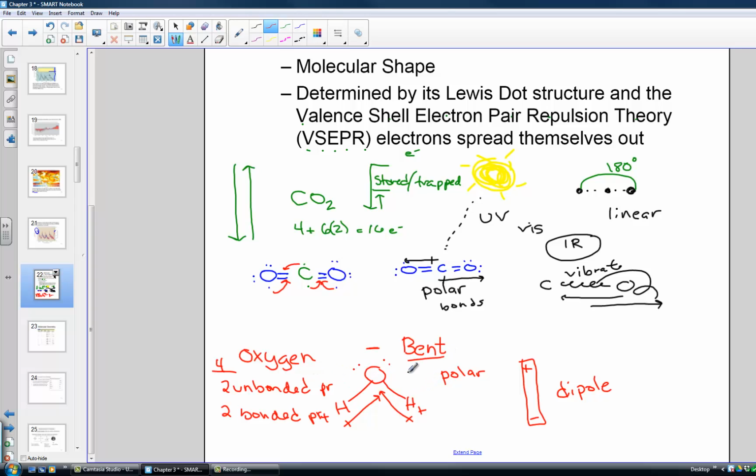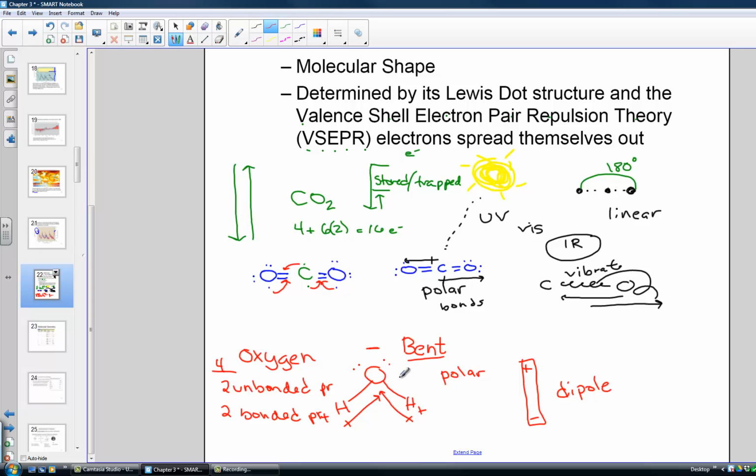It's not straight, like carbon dioxide. Let's take a look at why. Notice here, carbon dioxide, by the time we were done drawing it, had no electron pairs left that were unbonded. It only had bonded pairs. It formed a very straight line known as a linear geometry.